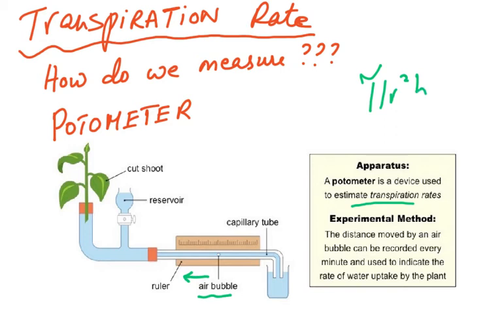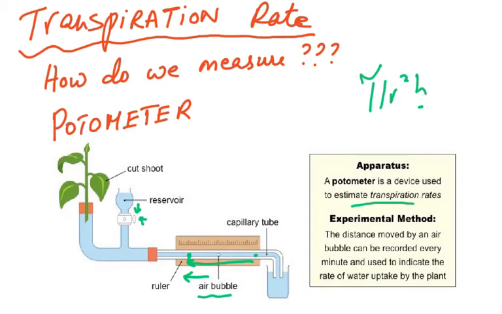But the length of the column, we can find out. If the bubble was here and now it is here, that means it has moved this distance. This distance is h, and if you know the radius, pi r square h, we can calculate the volume. We can also calculate the volume because if it has moved here, now we open the reservoir. There's a tap here.